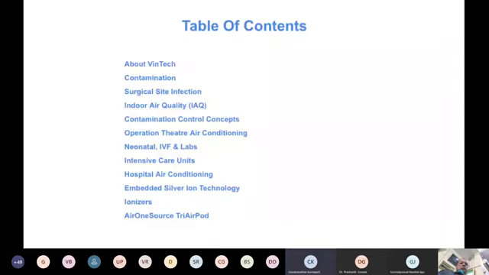We will also cover newer technologies which have taken over in various parts of the world, like silver ion technology, needle point bipolar ionization, and our specific equipment which we have designed, an import substitute and a very unique product called Tri-Airpod. So I have my colleague Mr. Ramesh, who will take the technical aspects of contamination forward.